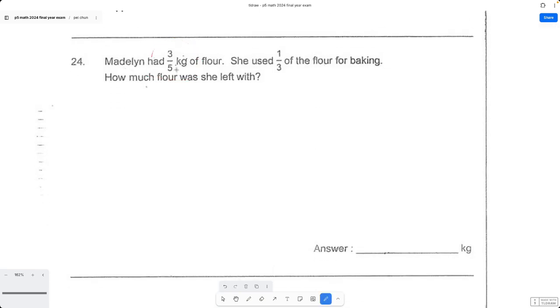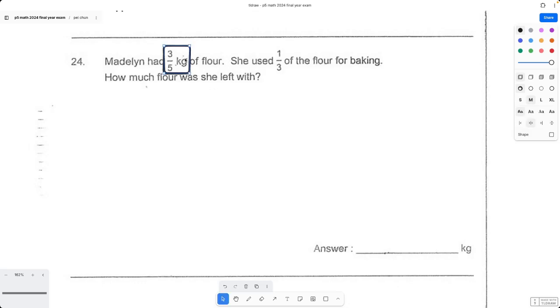Next one, 24. Madeline had 3/5 kilogram of flour. She used 1/3 of the flour for baking. How much was she left? So 1/3 of means 1 out of 3, and then you multiply.